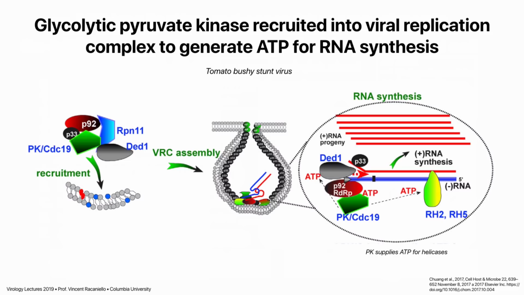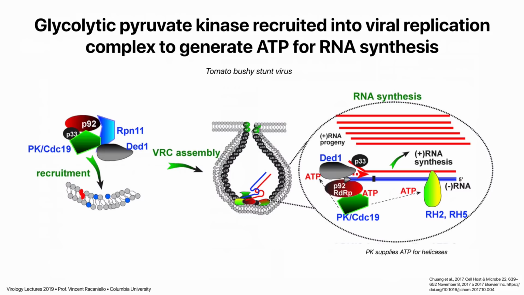The polymerase is making RNA. And of course, you need ATP to do this. And there's the pyruvate kinase, PK, which is making ATP that's needed for RNA synthesis. I think that's remarkable that the polymerase has evolved to pull this enzyme into these isolated vesicles to make the energy that is needed for RNA synthesis.